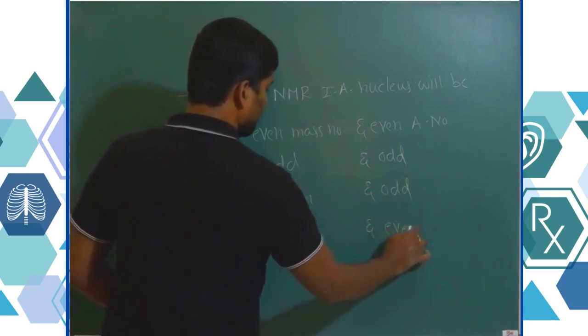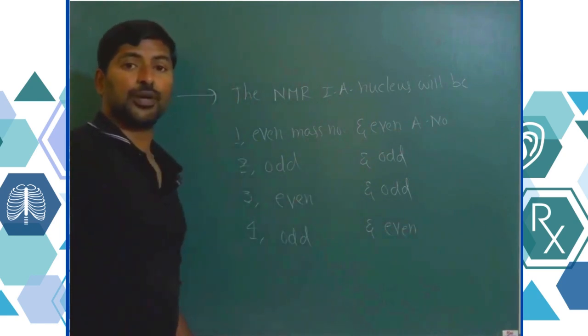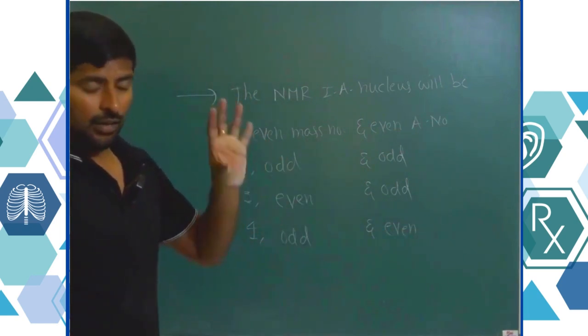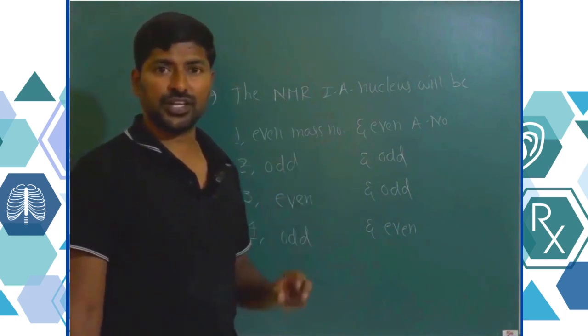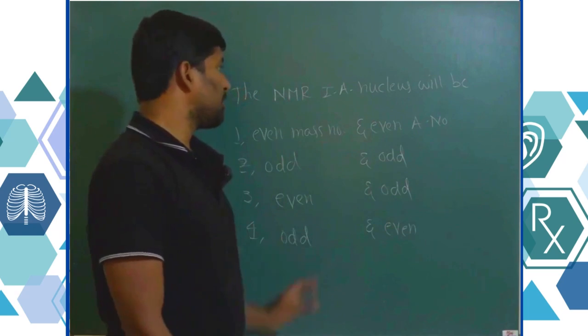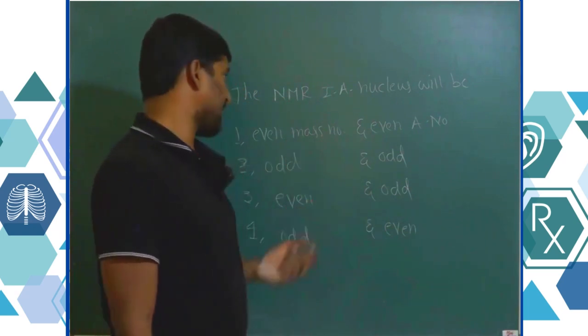We discussed with respect to the number of protons and the number of neutrons in the nuclear spin quantum number. If the number of protons is even and the number of neutrons is even, then I is equal to 0, that is magnetically inactive, NMR inactive also.